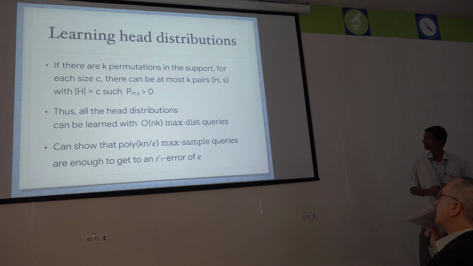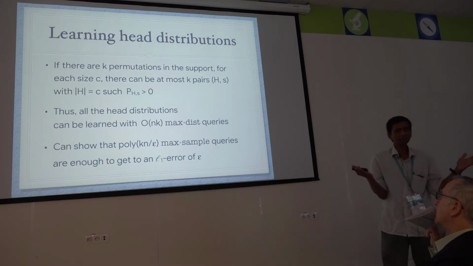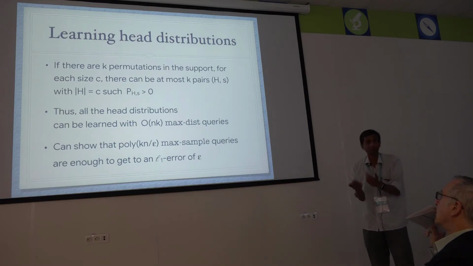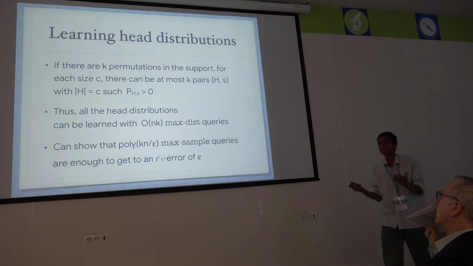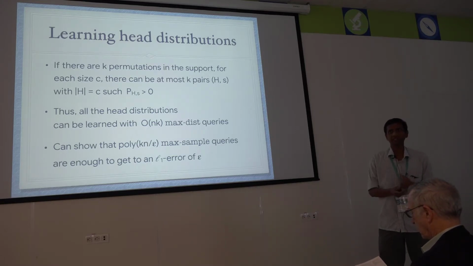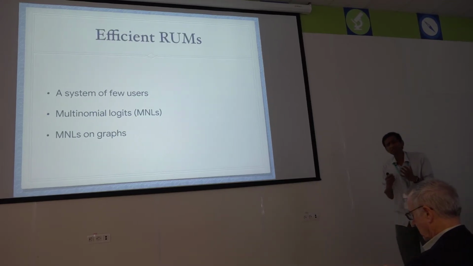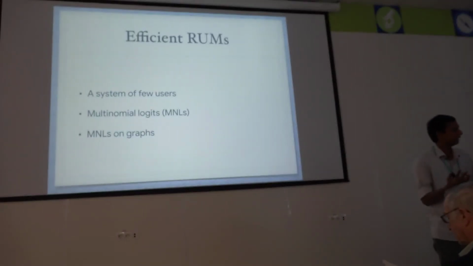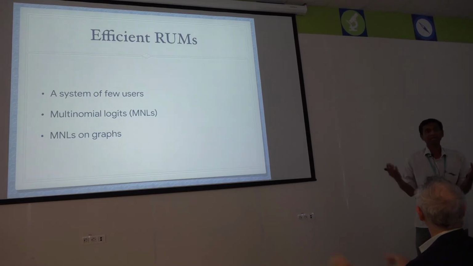So this is a positive result, because we started with the negative result saying that approximating slate distributions is hopeless with a sub exponential number of queries, but if you make a more practical, slightly reasonable assumption of bounded support, then you can do things more efficiently. That's basically the difficulty in dealing with this whole area: if you don't make the right assumptions, then the problems become highly intractable.